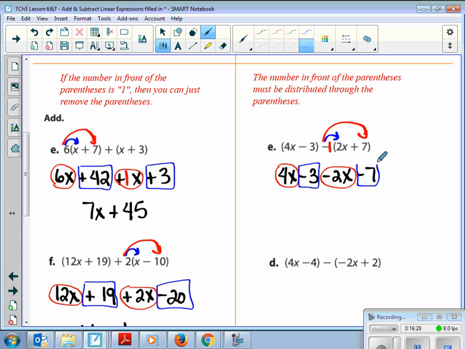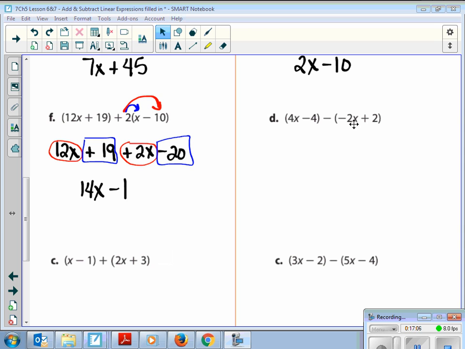Now please notice that when I am circling and putting boxes around each of the terms, I'm including the operation, because the operation is also the sign of the number that follows. You got it? All right. So when we simplify this, we have 4x minus 2x, which gives us 2x. And then over here we have negative 3 minus 7, or plus a negative 7, and that gives me negative 10.